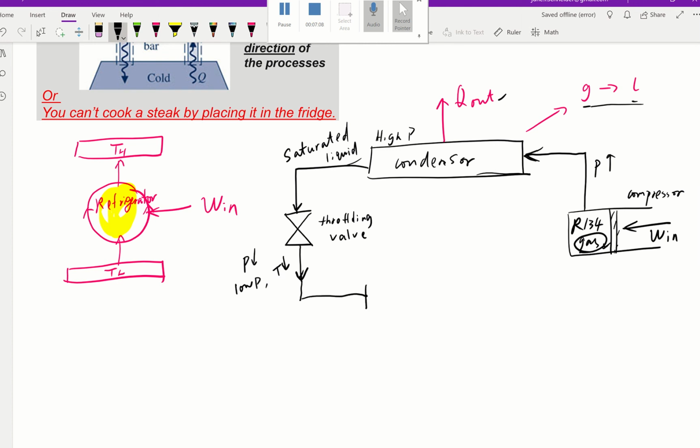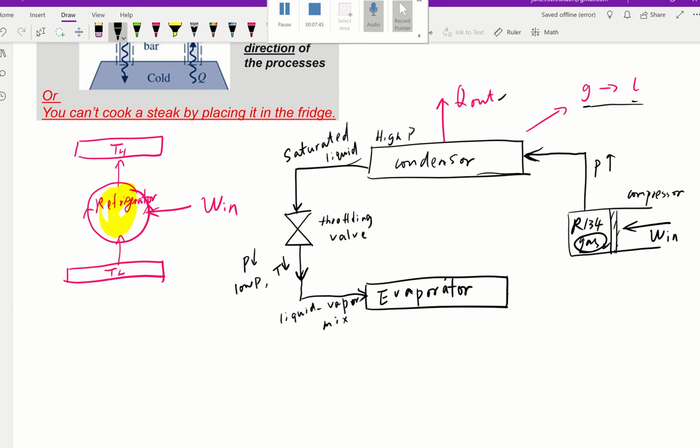Then we're going to pass our last component, which we call the evaporator. This is a coil that's located in the freezer section. So that's the evaporator coil. After the throttling valve, some part of it might be gas, so let's assume it's a liquid-vapor mixture.